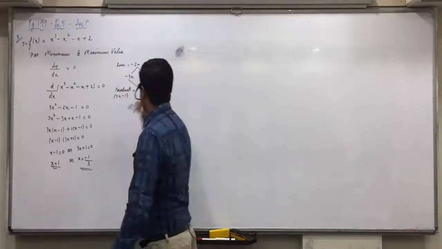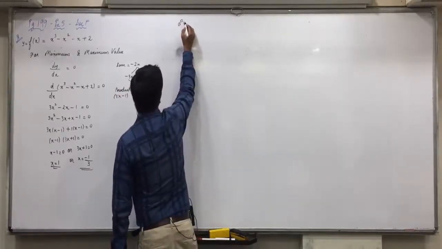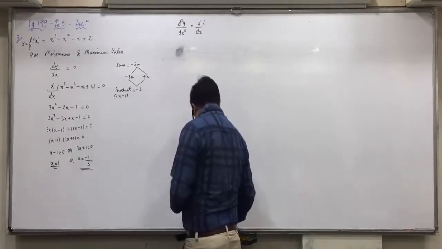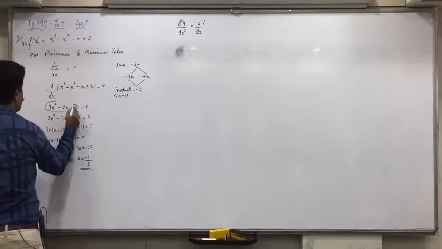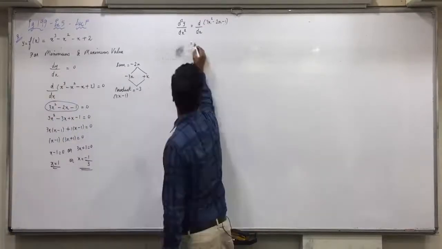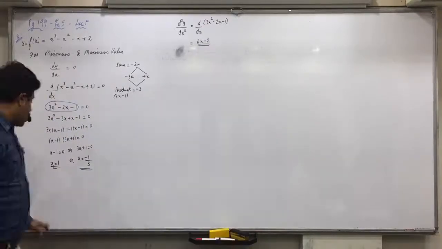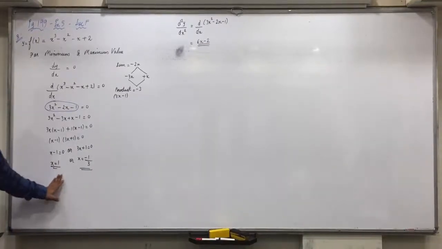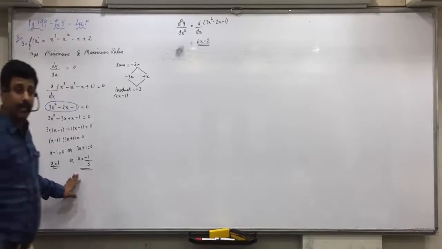Now we have to find d square y upon dx square. That is d upon dx of the function of dy by dx we obtained: 3x square minus 2x minus 1. So 6x minus 2. Now putting these two values we will find where it comes negative and positive. Negative means maximum, positive means minimum.